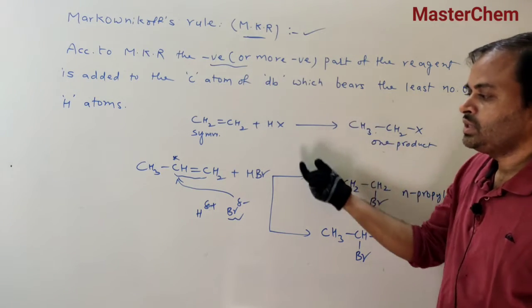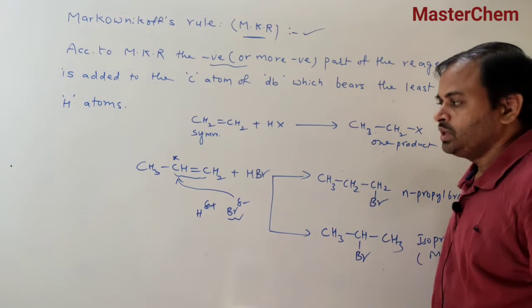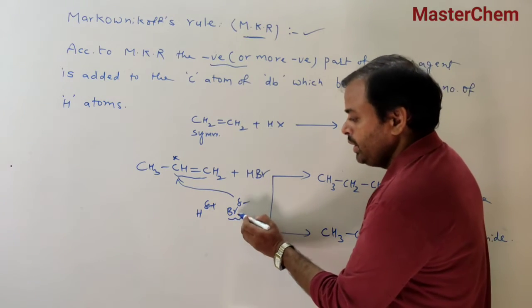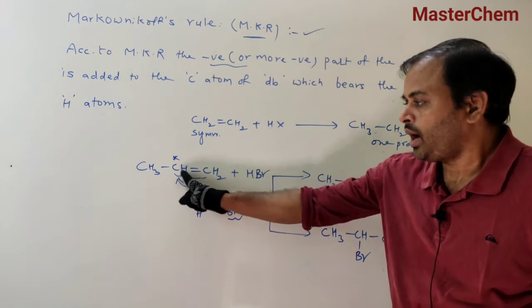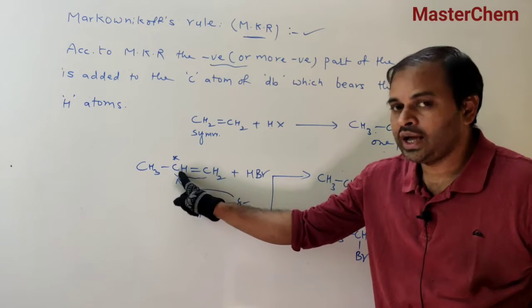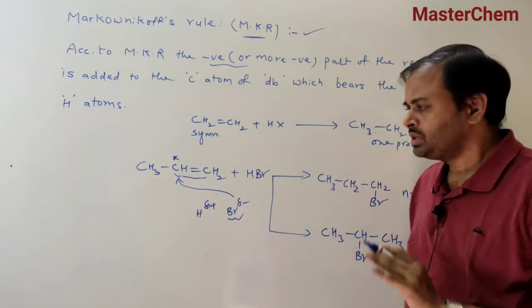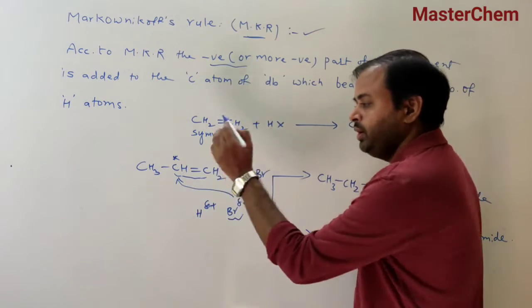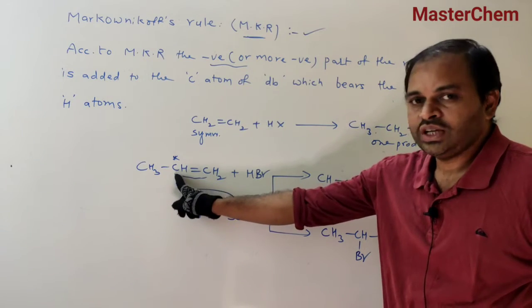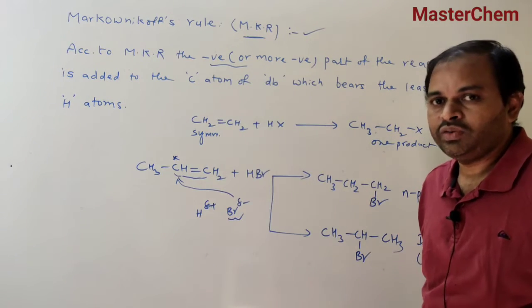That is why it is called Markovnikov's rule. According to the rule, the negative part of the reagent must be attached to the carbon of unsaturation which has fewer hydrogen atoms. Simple. Find the negative part and attach it to the carbon of unsaturation which has fewer hydrogen atoms.